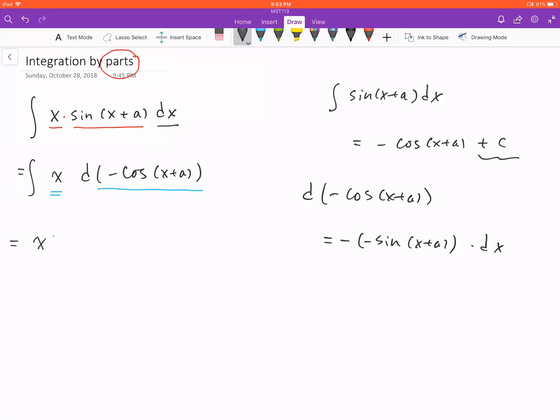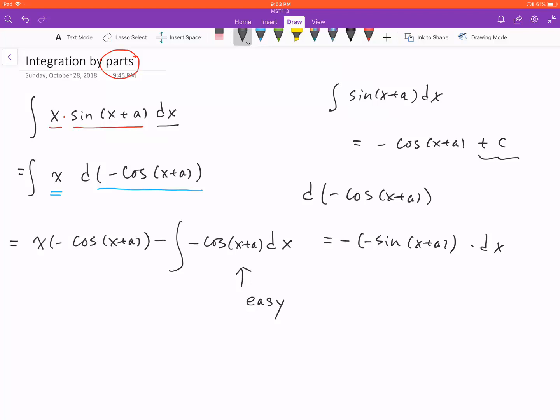So it's x times negative cosine(x + a), and then subtract, swapping them, the integral of negative cosine(x + a) dx. Look, now this is easy, right? This is easy. That means we are doing it correctly.